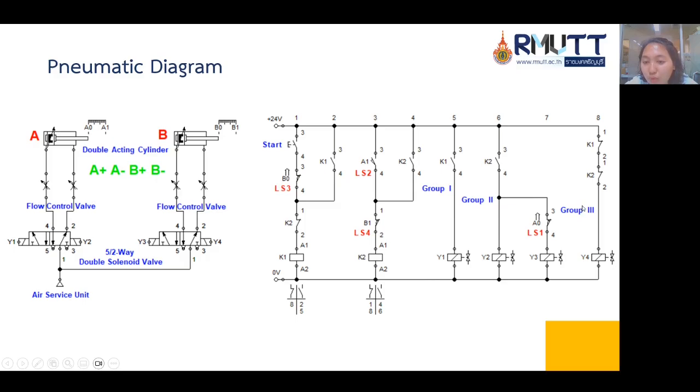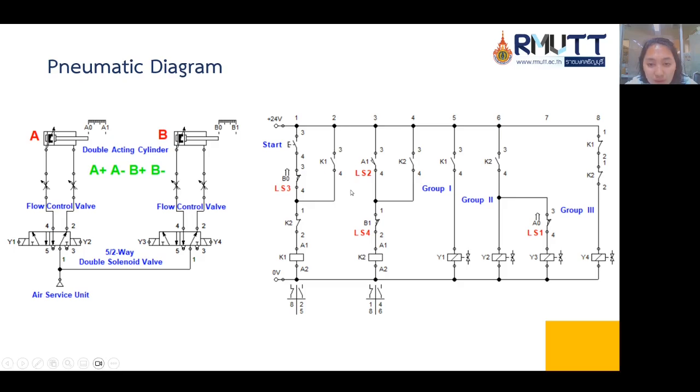There are 3 groups, and in the first one, this is the start button, and this is the limit switch B0 or limit switch 3, and this is the normally closed contact of relay 2, with the symbol K2, and this is the coil of relay 1, K1, and then this is the normally open K1.